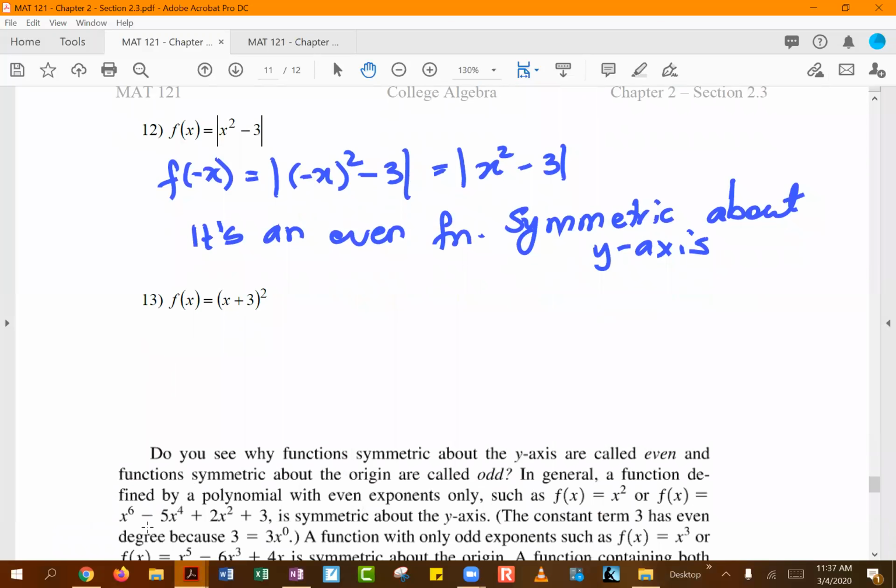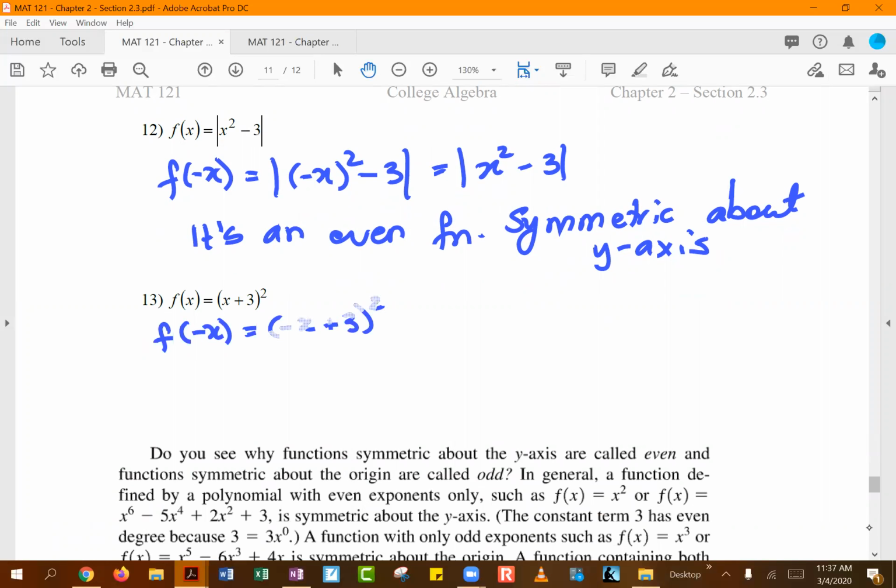All righty. What do you think will happen with the function x plus 3, the whole quantity squared? Start out, again, by replacing x with negative x.